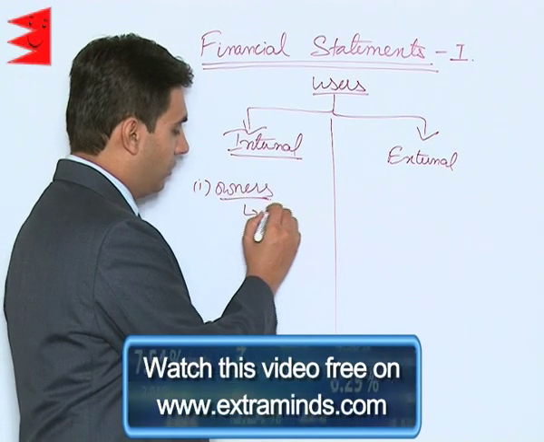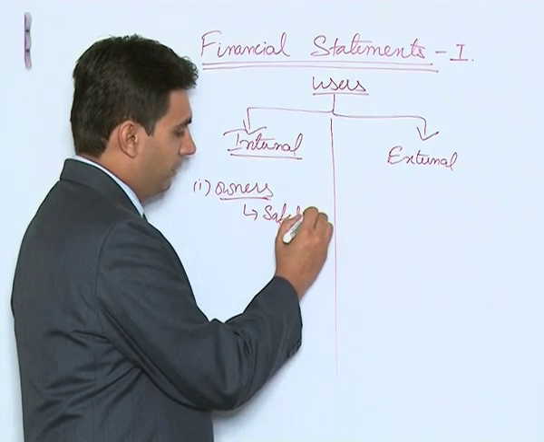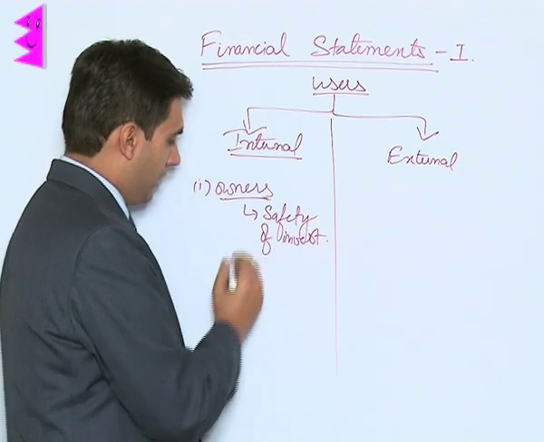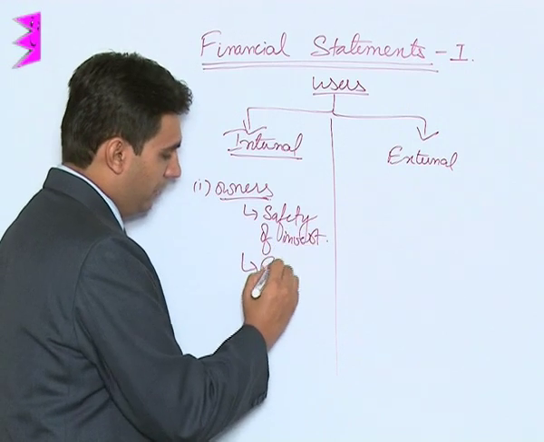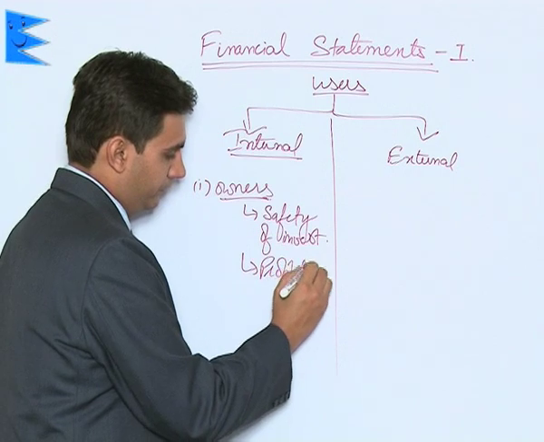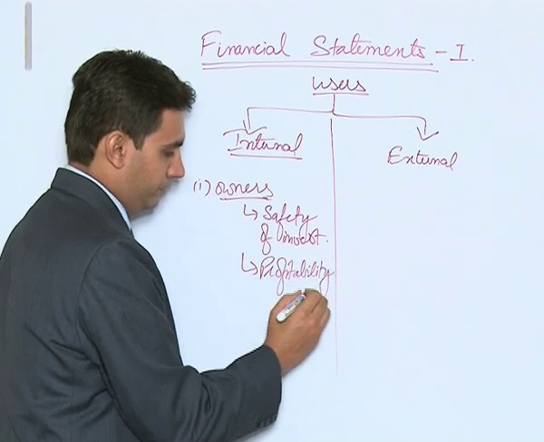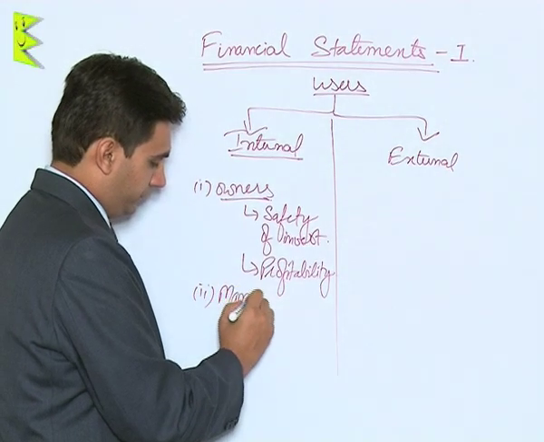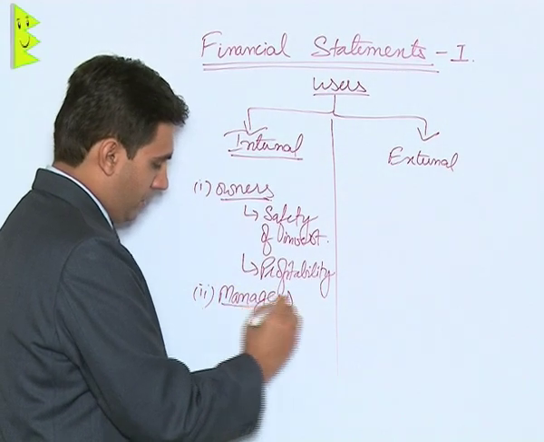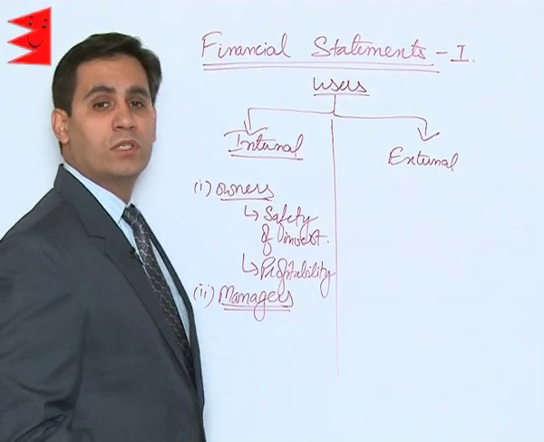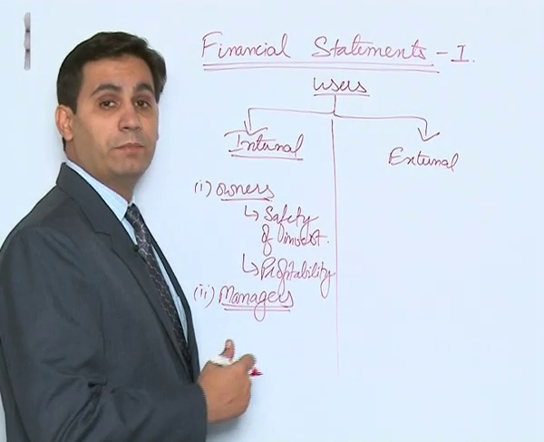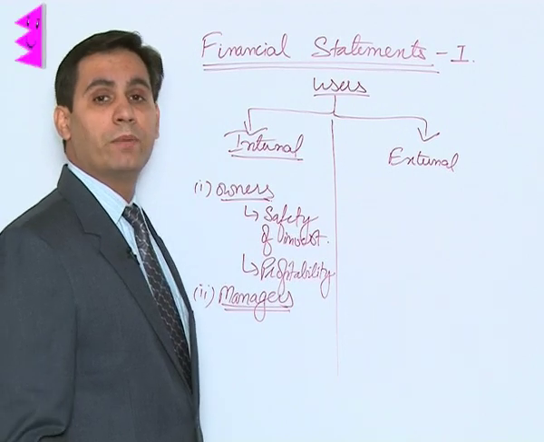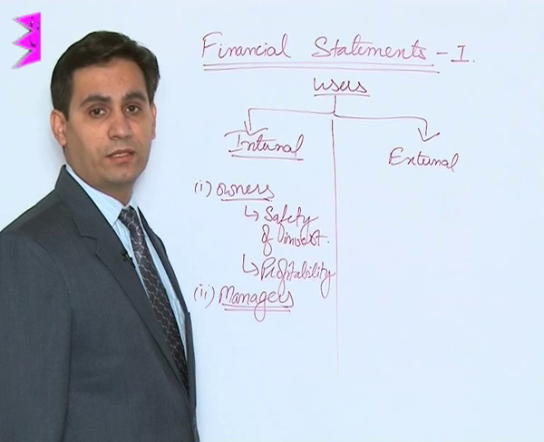So they are concerned about safety of investment and about profitability. Then we have managers. Very often you will have owners acting as managers, but then managers can be professionals also. So managers are interested in knowing about the results of the decisions that they have taken.